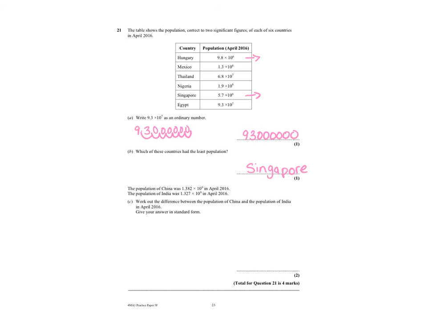The population of China was 1.382 times 10 to the 9 in April. The population of India was 1.327 times 10 to the 9 in April. Work out the difference between the population of China and the population of India. So I just need to take them away from each other: 1.382 times 10 to the 9 minus 1.327 times 10 to the 9.